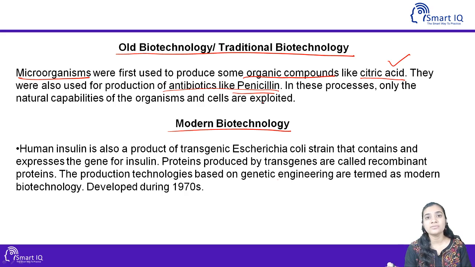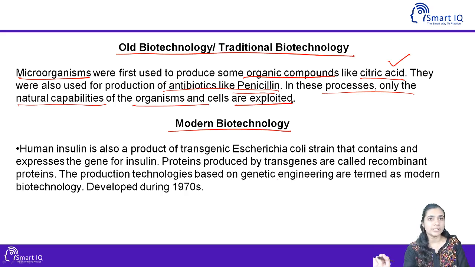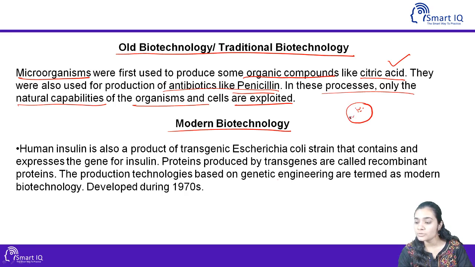But here it is very important for you to remember the fact that in these processes only the natural capabilities of organisms are exploited. So what do I mean by natural capabilities? Now there is a strain of fungus that is known to produce penicillin. So we are only going to culture that, we are only going to grow that in order to get penicillin.